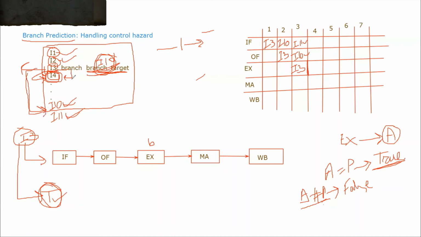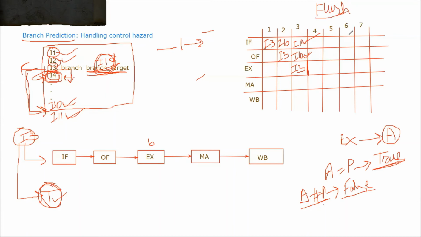However, the path is this one, the sequential one, because I predicted wrong. So whatever is in the instruction fetch stage and operand fetch stage, I have to remove those instructions. Okay, so we can say we have to flush the pipeline. Flush means remove everything from the pipeline.